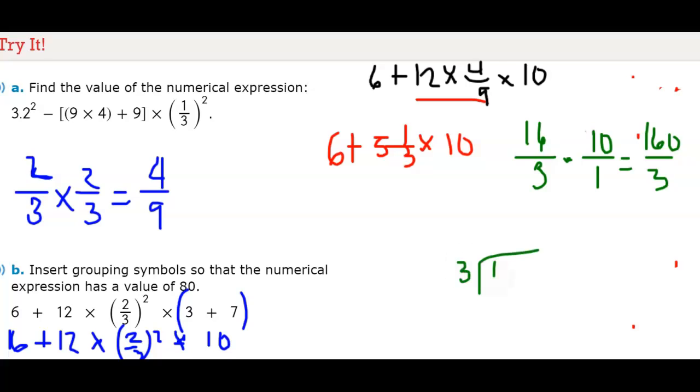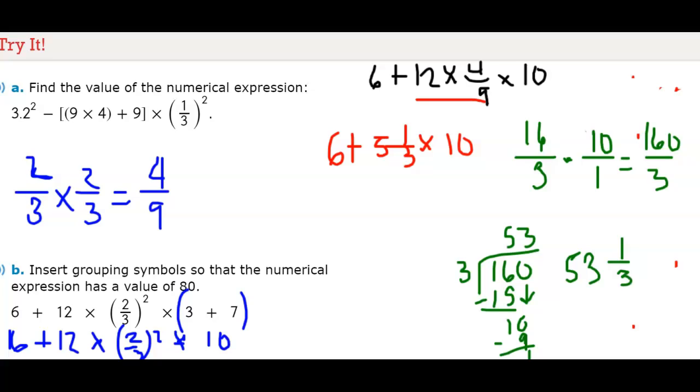So 3 goes into 16 5 times. That's 15. Subtract, that's 1, bring down the 0. 3 goes into 10 3 times. That's 9. That equals a 1. So we have 53 and 1/3.